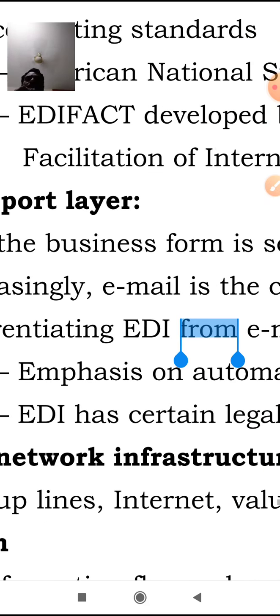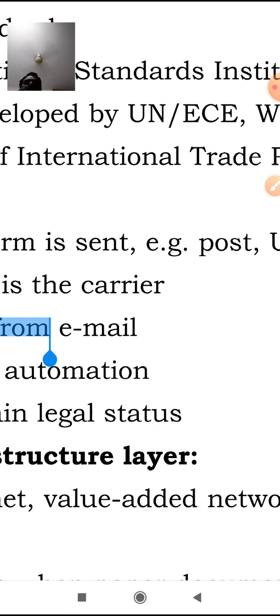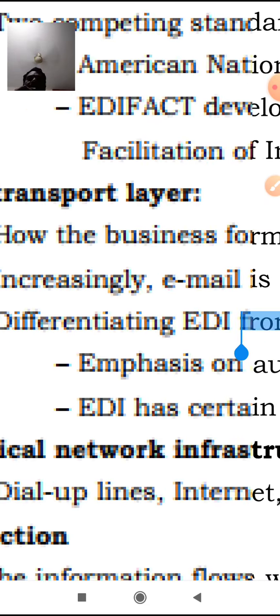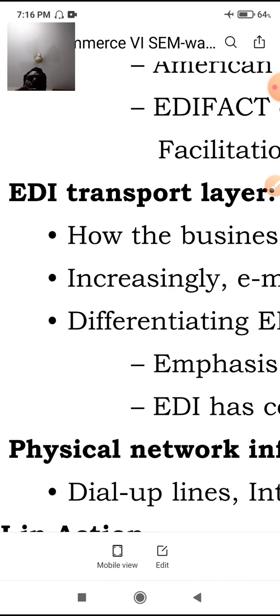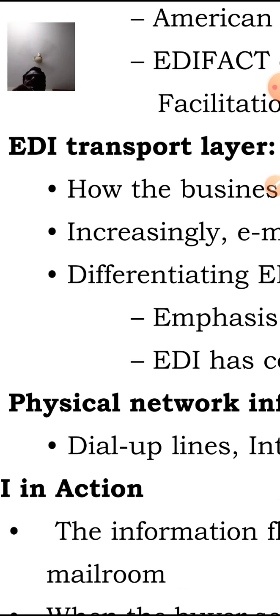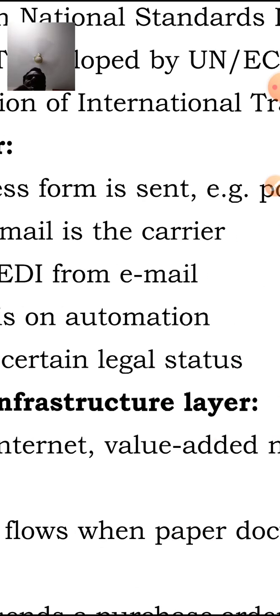How the business form is sent: post, UPS or fax, whatever the technique may be. The transport layer's work is to transport the information from source to destination or destination to source. Increasingly, email is the carrier.